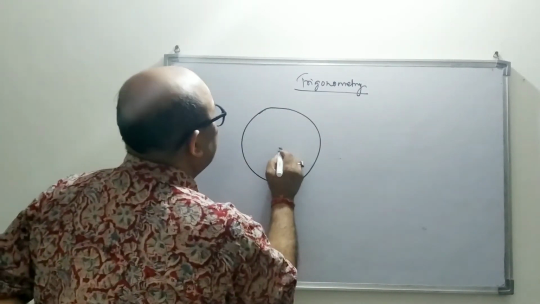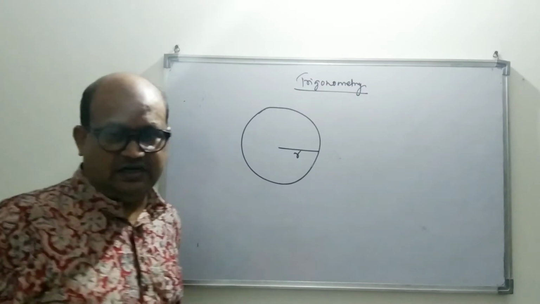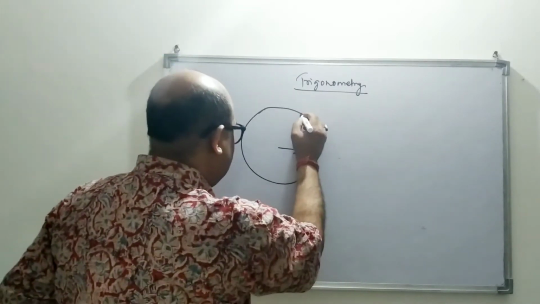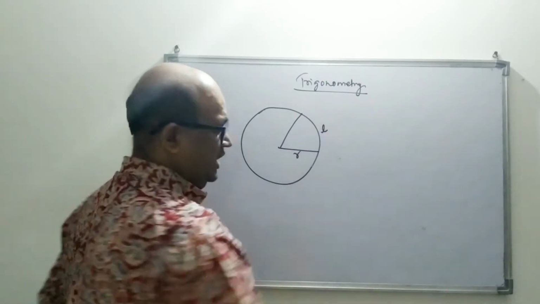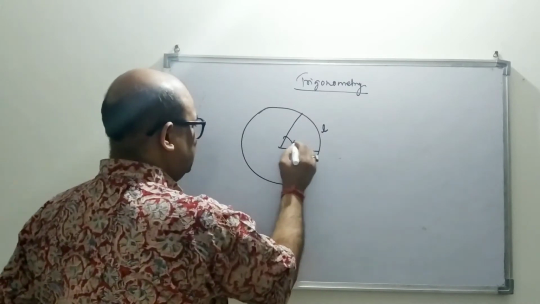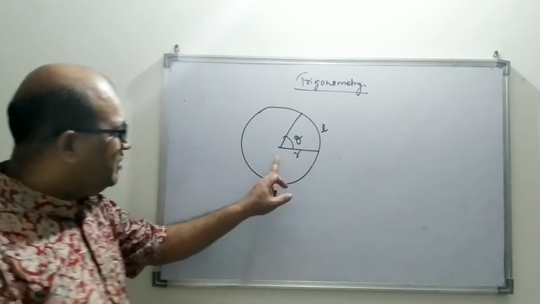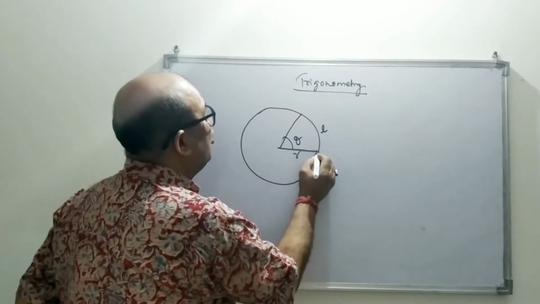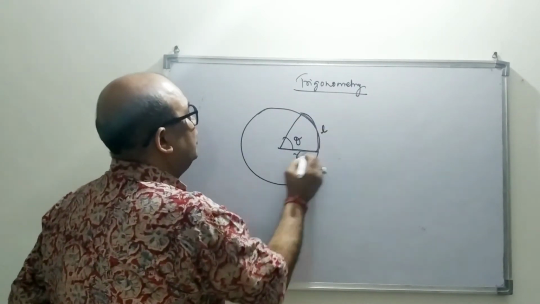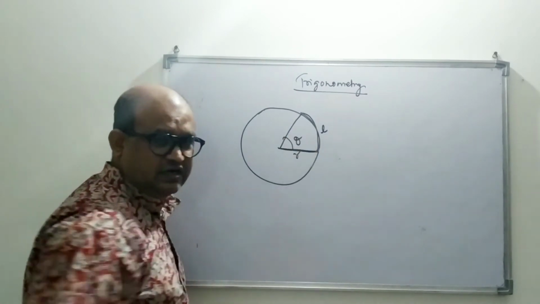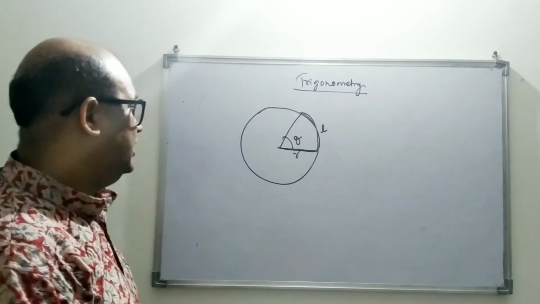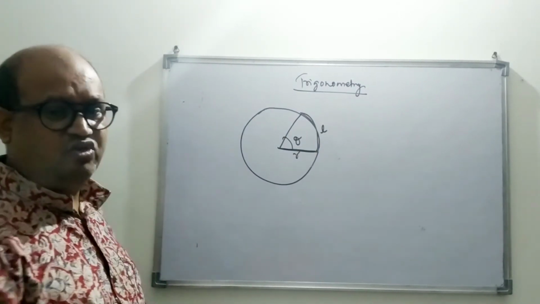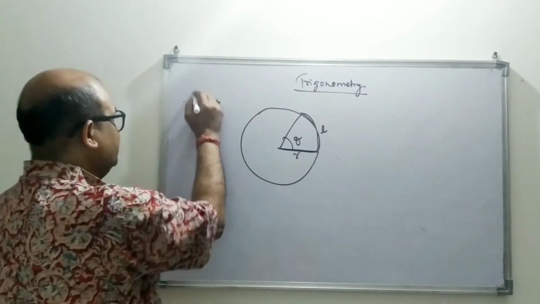Suppose this is the radius of the circle and this is the length of arc L, and this angle is theta. So radian measure is, if the length of this arc is equal to the radius of the circle, then the radian measure is called as 1 radian.